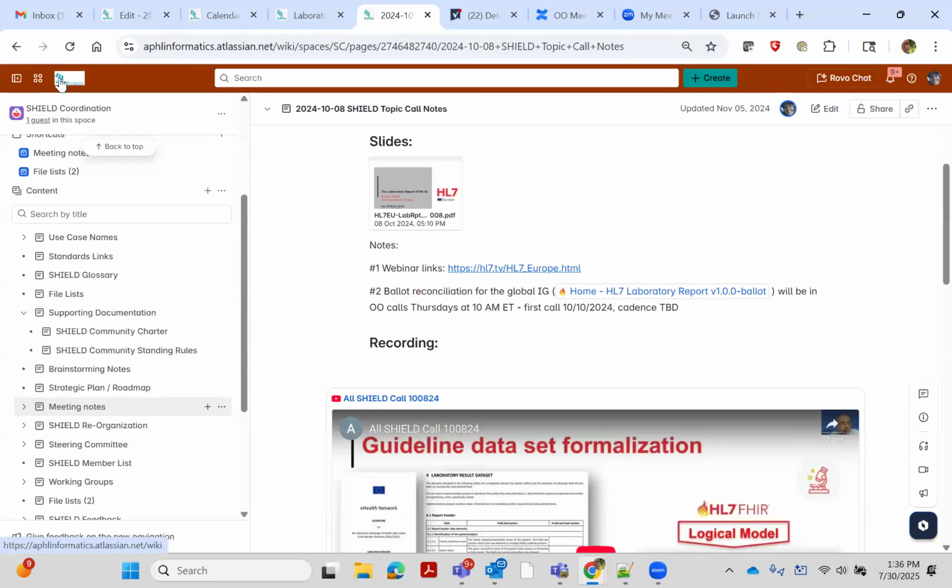Especially for the LabCoP, I think our participation is pretty small right now because we're so focused on the cross-mapping table, and quite a few people that have originally participated and provided content just don't have the time to commit to doing the detail work. So there's usually like 6 or 7 of us that are working on this. We always have lab SME participation.